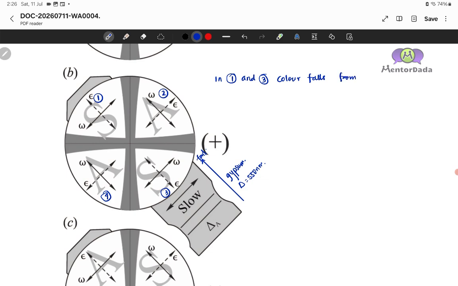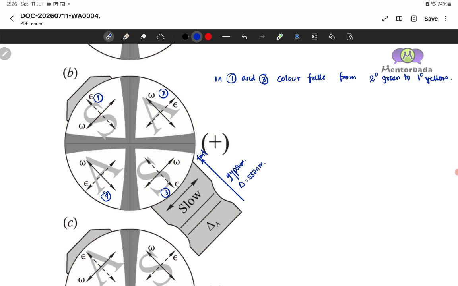from second order red to first order yellow, or second order green to first order yellow.